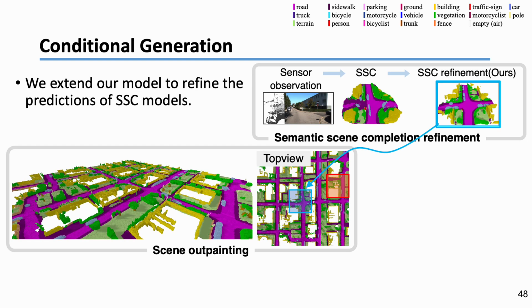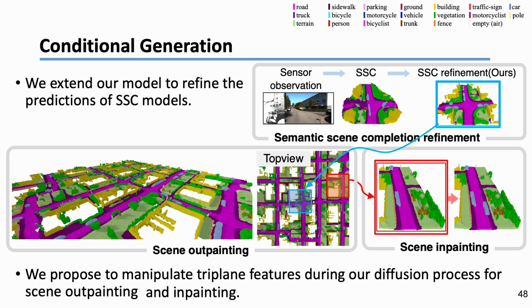An additional application is outpainting and inpainting by manipulating triplane features during our diffusion process. Our scene is outpainted to the city level without any additional training, and by manipulating triplane features, our model seamlessly integrates objects into the scene via inpainting.